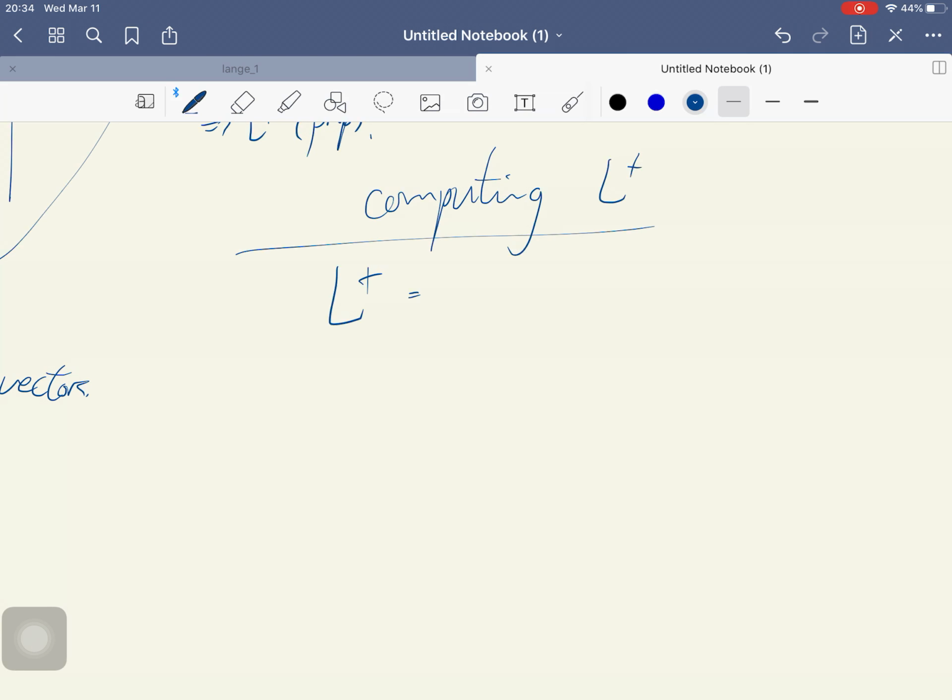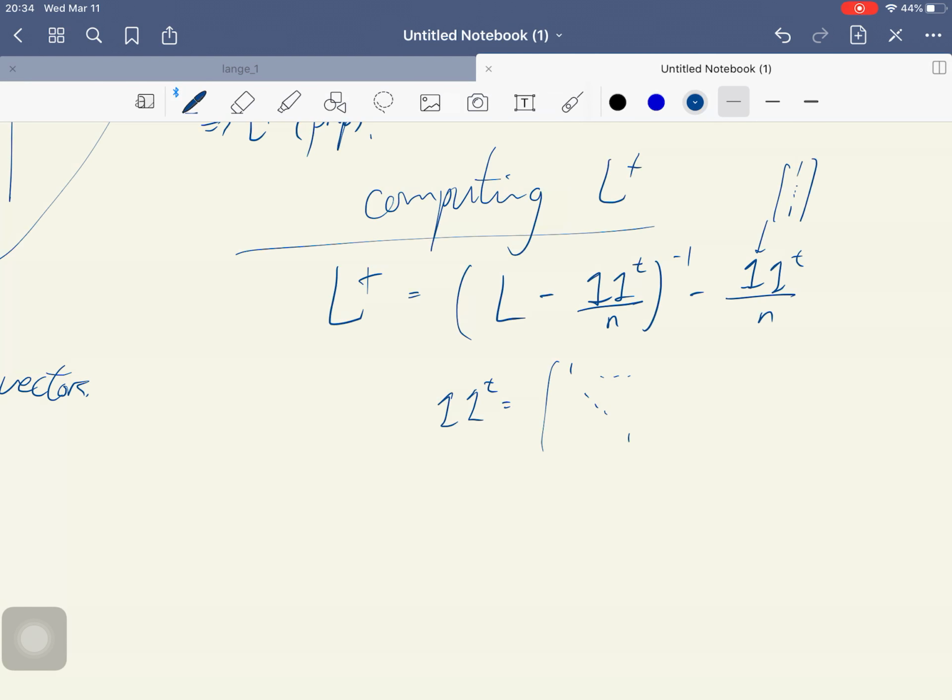But according to our setup, we can actually compute it by doing this: L minus 1 times 1 transpose divided by n, this guy inverse, minus 1 times 1 transpose divided by n. Remember 1 here is a vector of 1s. So 1 times 1 transpose is just a matrix of 1s, 1 everywhere.